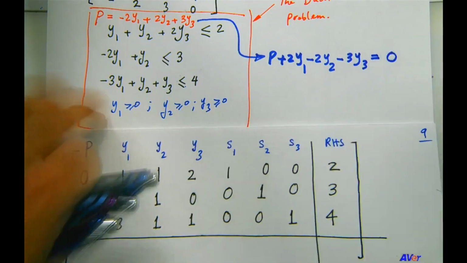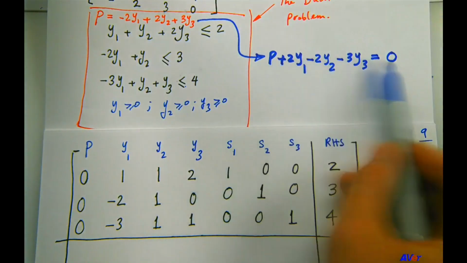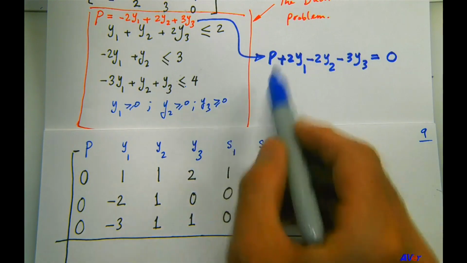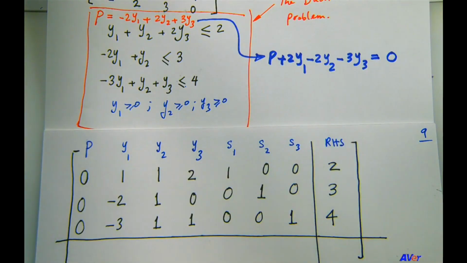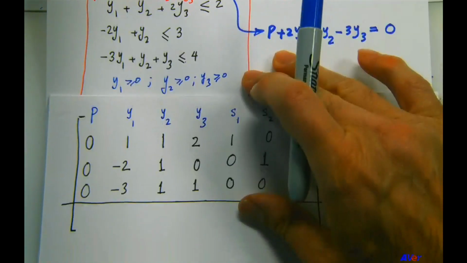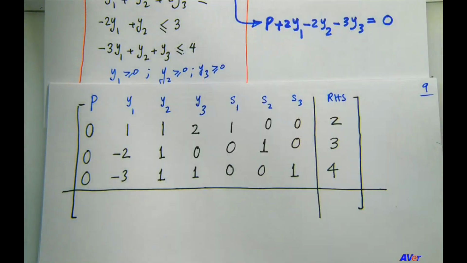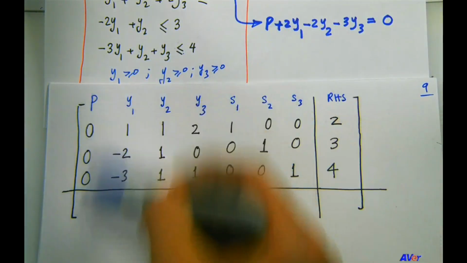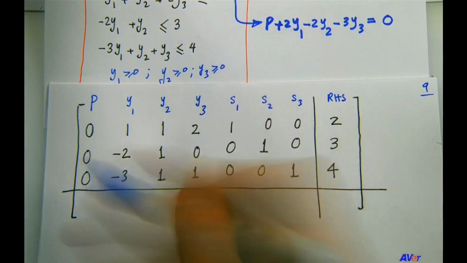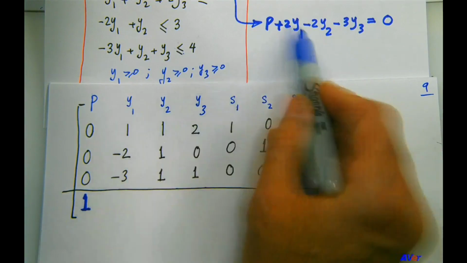Just 0. Okay, so now let's import those coefficients into our objective row here. So under the p column, the coefficient of p in the objective function is 1. So 1, we write that. For y1, we have positive 2.